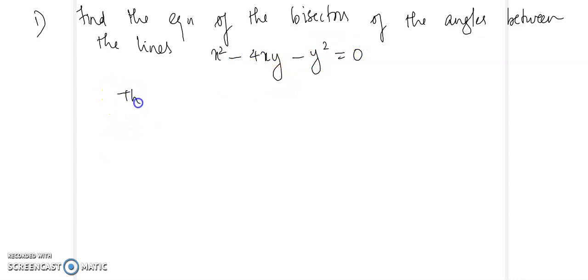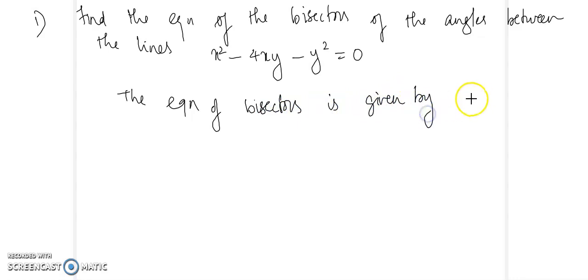So the equation of bisectors is given by x square minus y square by a minus b equal to xy by h.